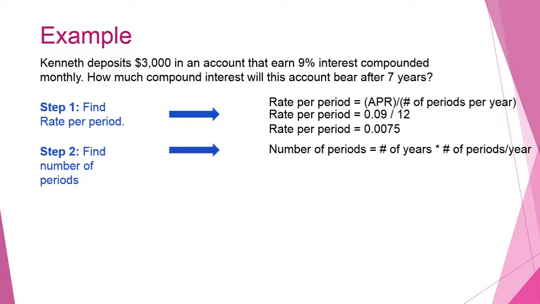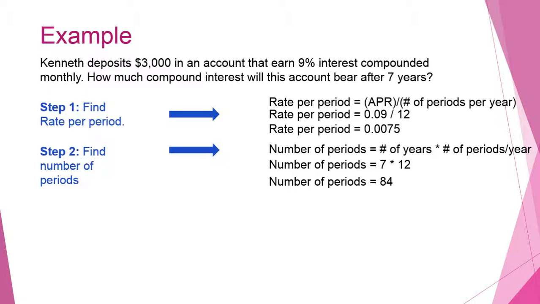Now step 2 is to find the number of periods. Number of periods is the number of years times the periods per year. This is asking for the compound interest after 7 years, and number of periods per year is 12 because it is compounded monthly. So 7 times 12 giving us 84.